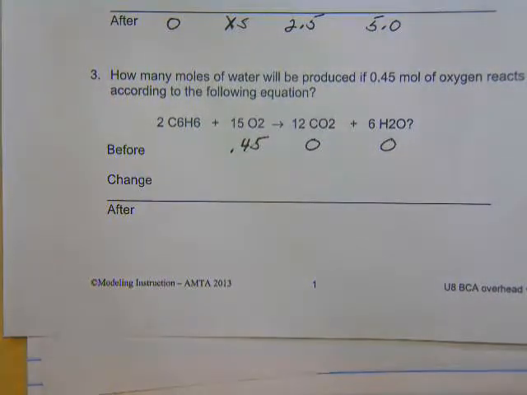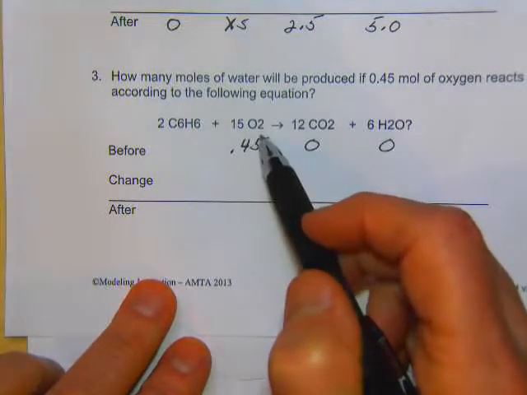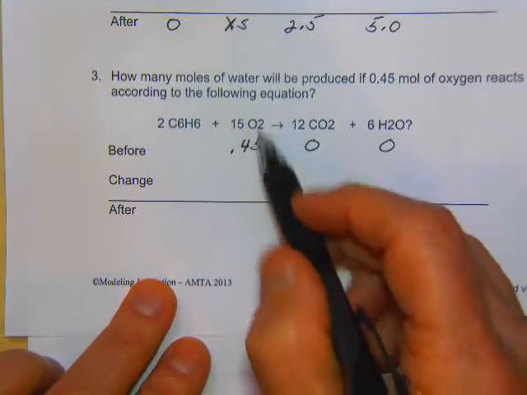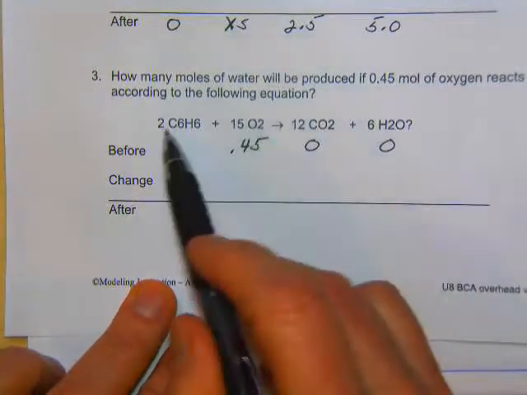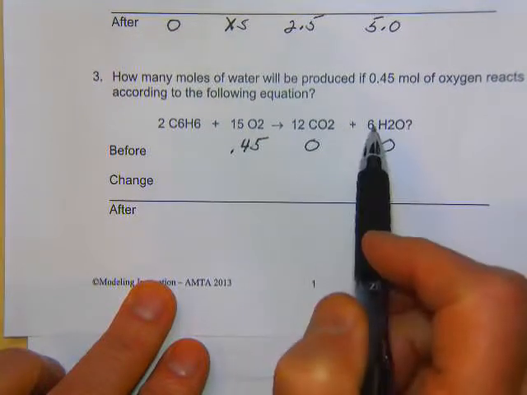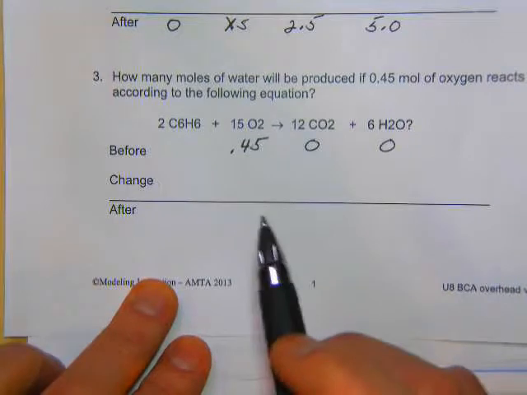Notice the other ones, whatever we were given, the coefficient was 1. So we've got to find some type of relationship. So we know from the balanced equation, 2 moles react with 15 to give you 12 and 6. Well, we need to see what 1 mole is worth.